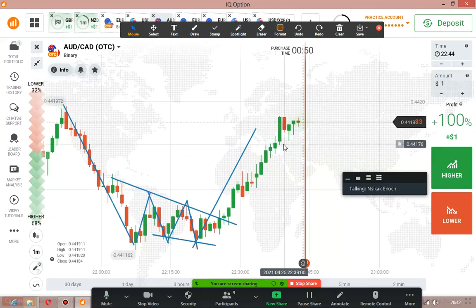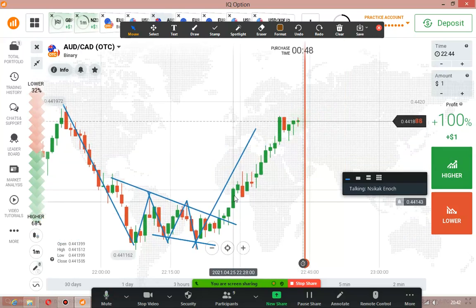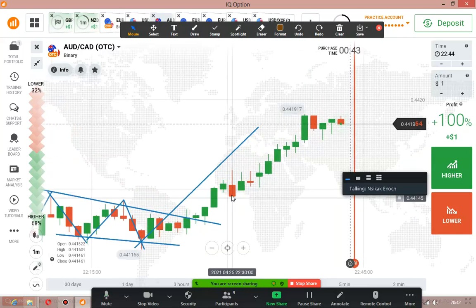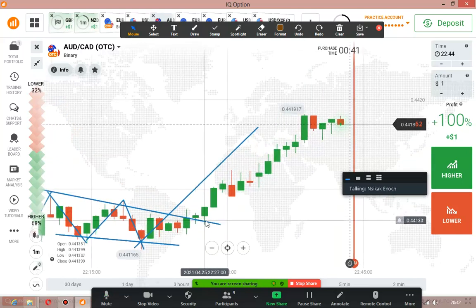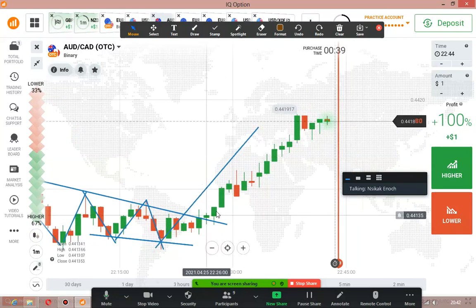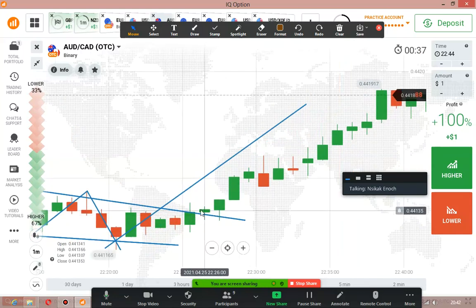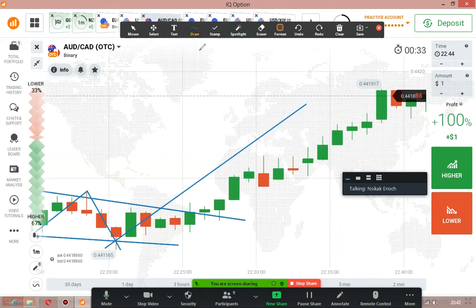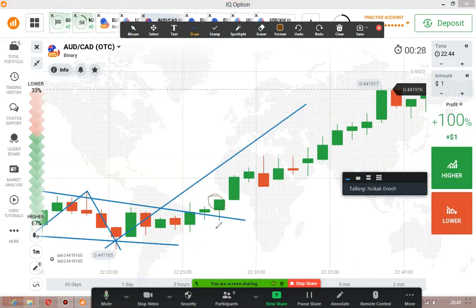Most of the time, the market will use the same color or maybe the opposite color, like a red candle forming here before it starts moving up. Here, after the breakout comes the retracement, and after the retracement we see a hammer candlestick, and that is why the buyers start going up.